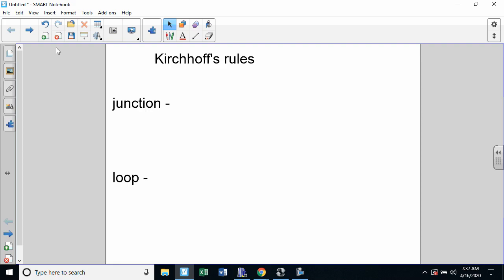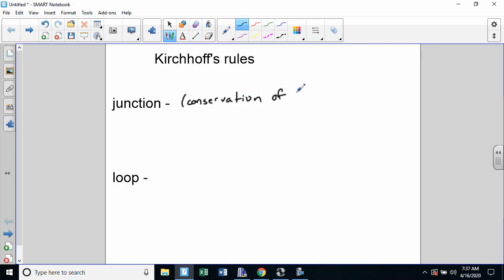Okay? So in terms of the review from last year, we know that Kirchhoff's rules are the junction and the loop rule. The junction rule simply is due to conservation of charge. We know that in a closed circuit, as charge comes out of the battery, the same amount of charge that comes out of the battery has to return to the negative side of the battery, right?